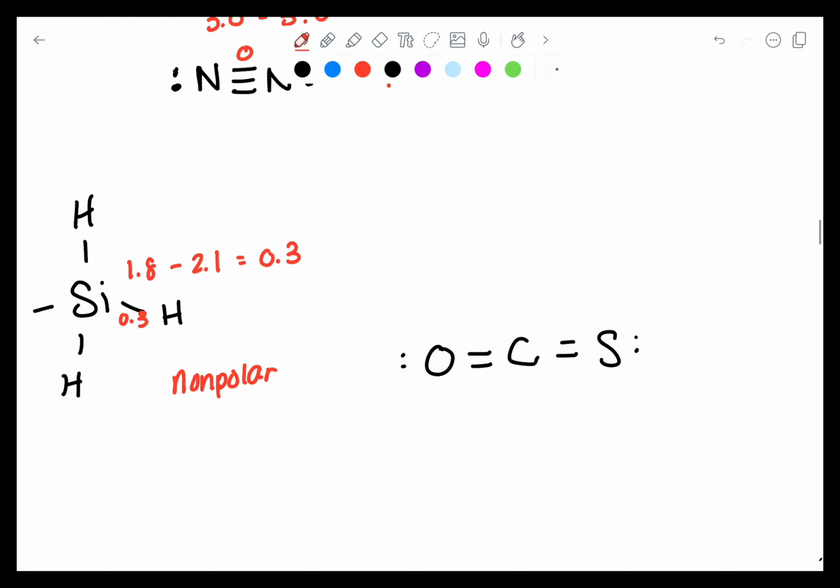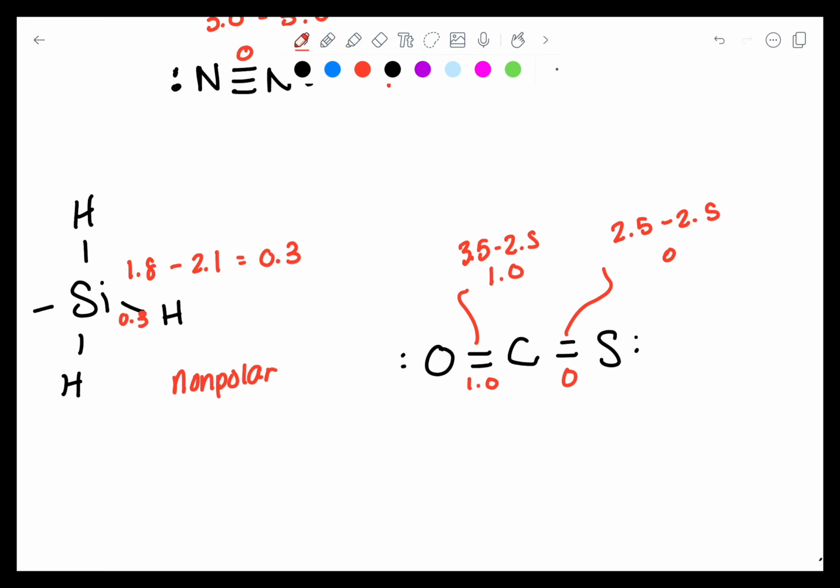And finally we have OCS. So let's see, carbon, oxygen, that one is 3.5 minus 2.5. So that's an electronegativity difference of 1.0. The carbon-sulfur is 2.5 minus 2.5. So that's an electronegativity difference of 0.